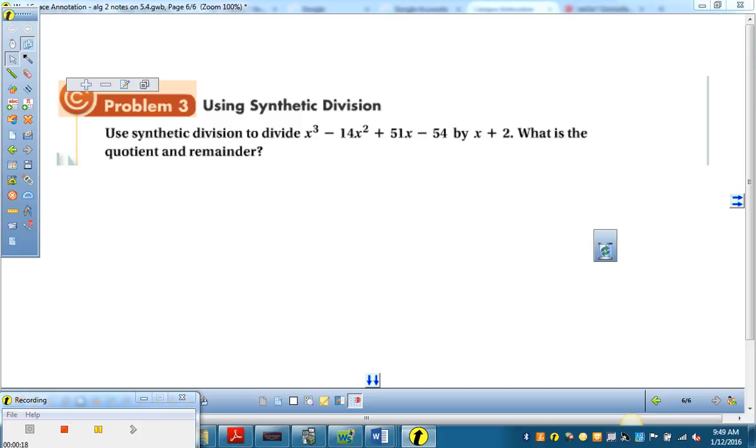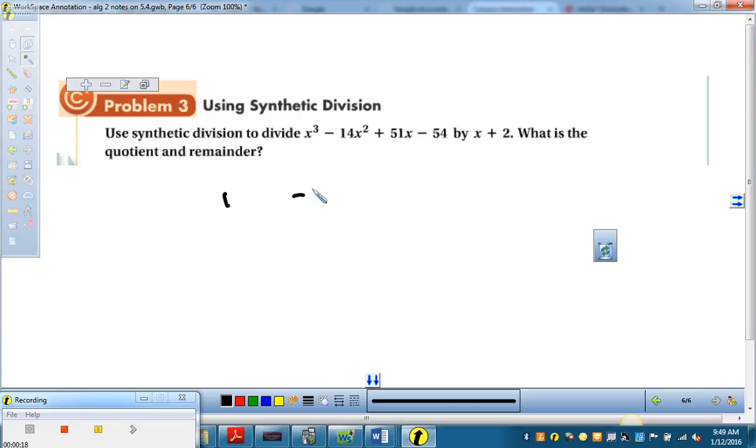All right, so the way we set it up, again, you have to look for any missing degrees in the polynomial. 3, 2, 1, 0. Be clear to me that we are not skipping any, correct? And the one we're dividing by is linear. So we're all set. The way you set up synthetic division is you only write the coefficient. All right? So what is the coefficient of x cubed? 1.